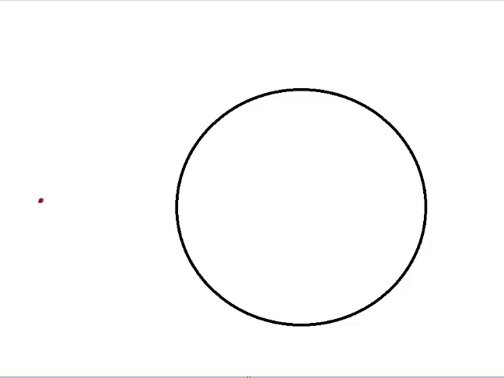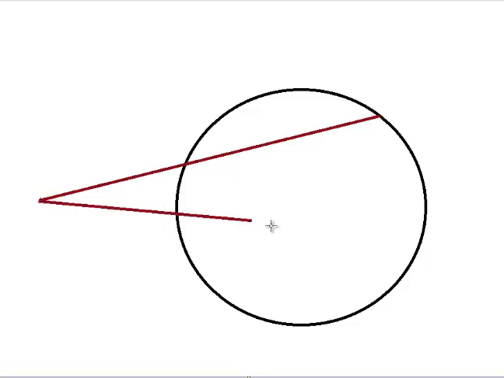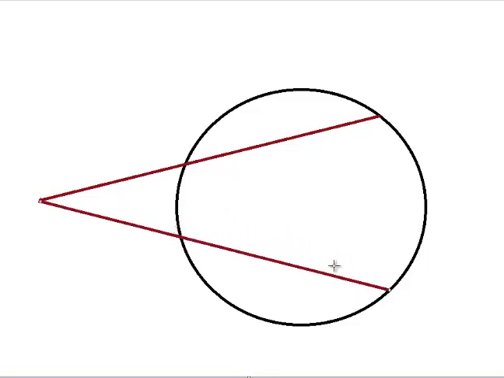The next rule is about the lengths of the segments. If we've got two secants, one over here and one over here, the rule is something similar to what we saw with chords, and that is that the product of the lengths of the segments formed on one secant equals the product of the lengths on the other secant, with respect to the parts inside the circle and with respect to the parts outside the circle.